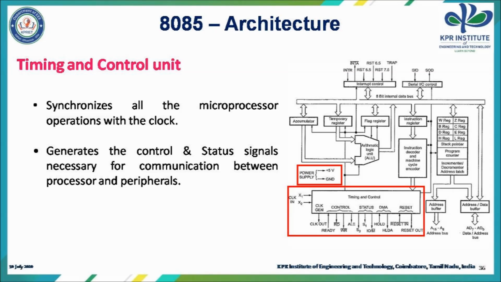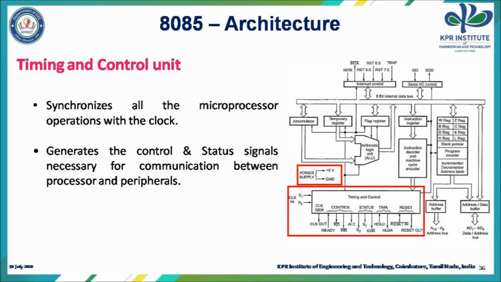The timing and control unit of the processor synchronizes all the microprocessor operations with the clock. The function of this timing and control unit is to generate necessary signals used for communication between processor and peripheral devices.